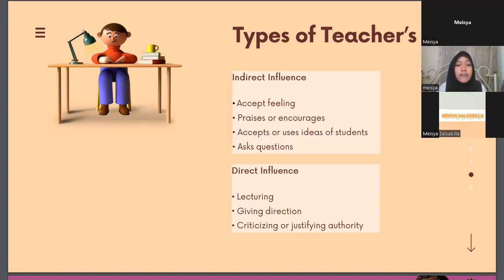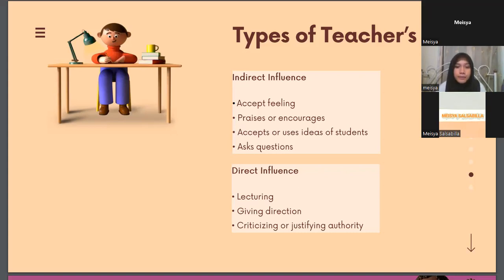Then giving directions. Giving directions, commands, or orders which students are expected to comply with. The last is criticizing or justifying teachers' authority. Statements intended to change students' behaviors from unacceptable to acceptable patterns.